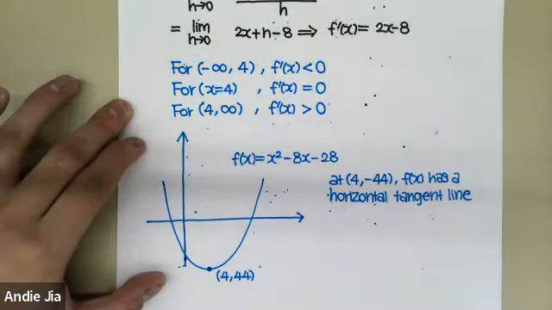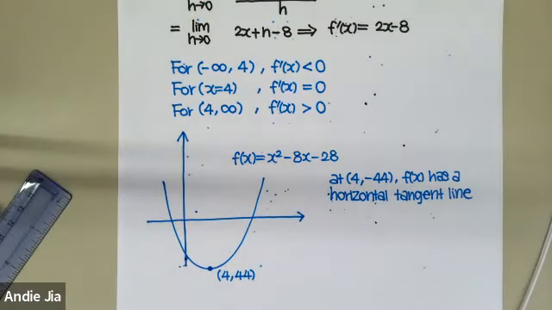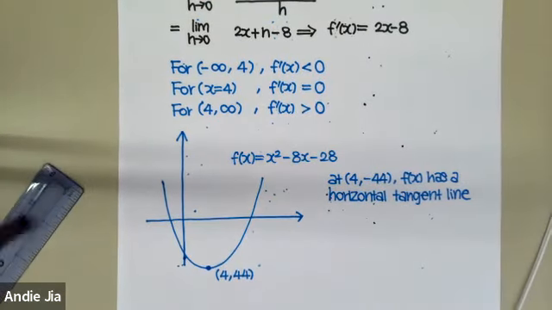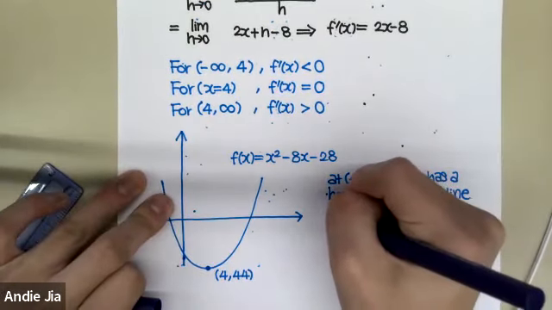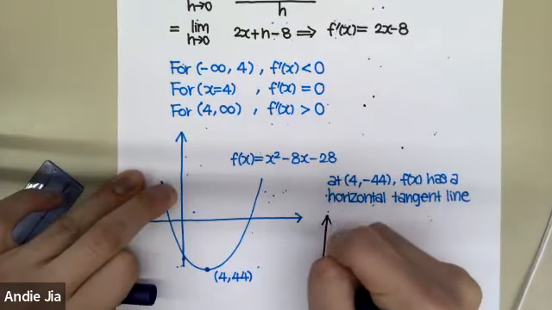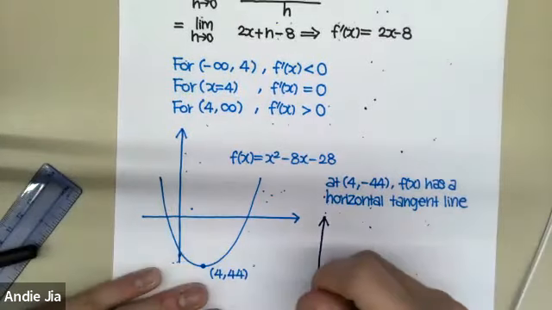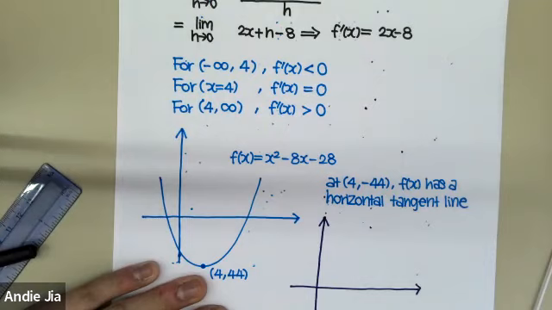So we can say that the derivative is a linear function. So let's sketch f prime of x. It's 2x minus 8. Not to scale because I don't have a ruler.